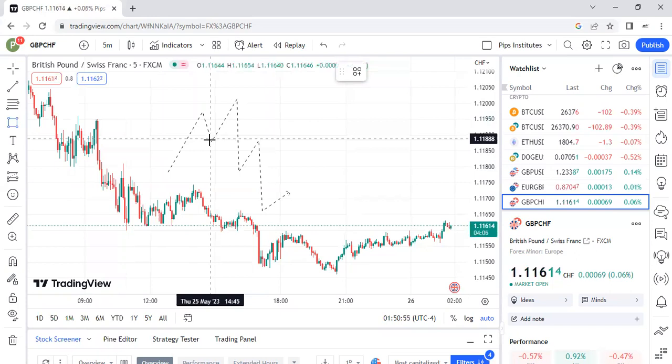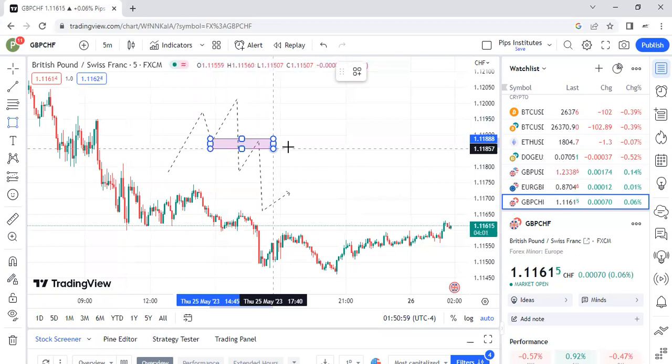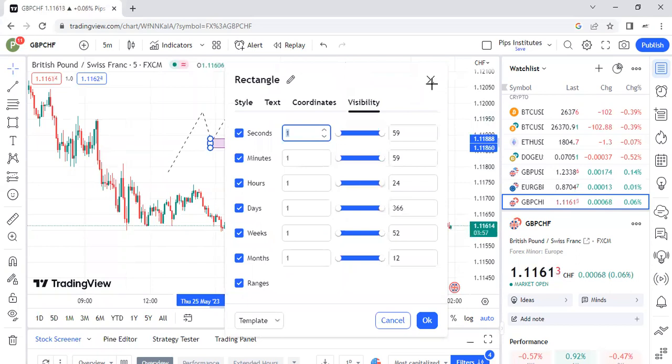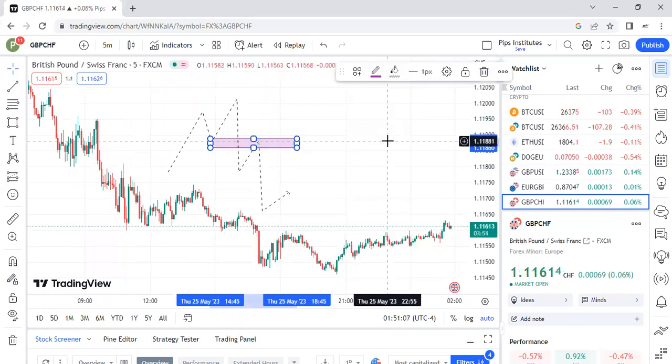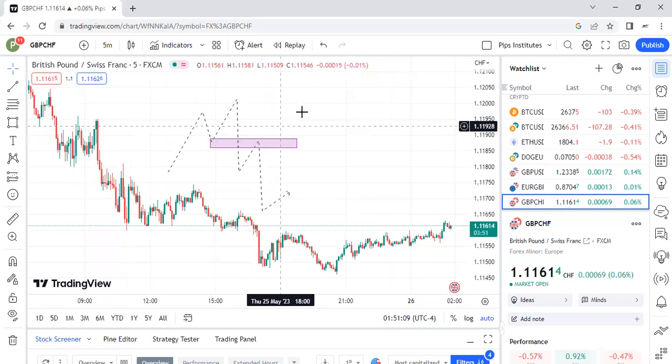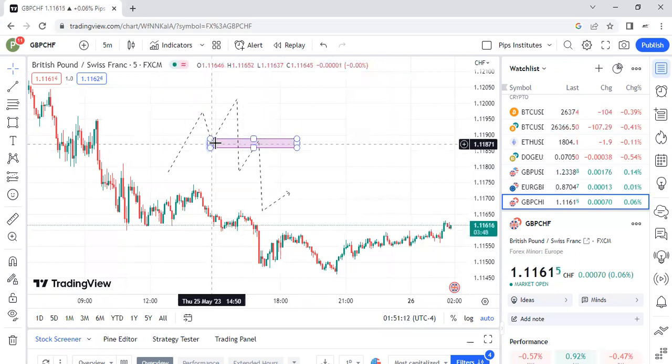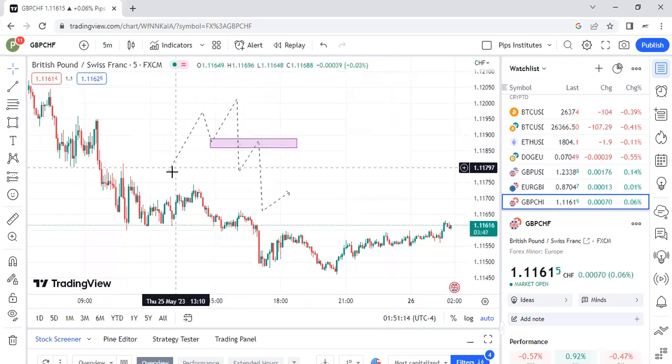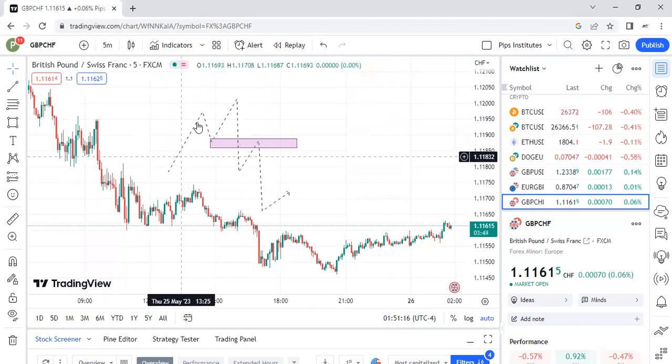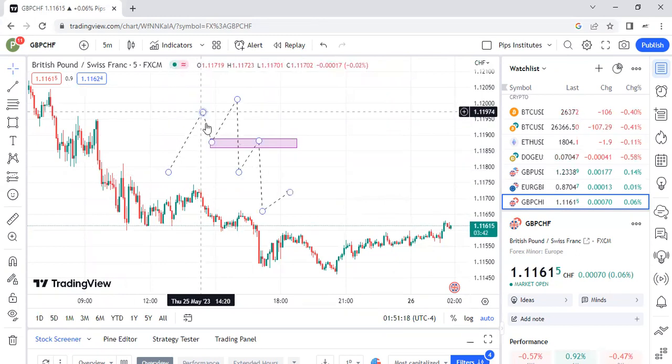Let me highlight this zone for you so you can see it properly. Now guys, please pay attention to this movement as the market was moving upward, downward.